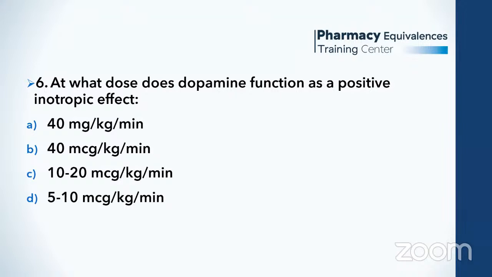We have 3 doses of dopamine, each dose having a specific function. The low dose, the medium dose or intermediate dose, and high dose. Let us see the table for those doses.